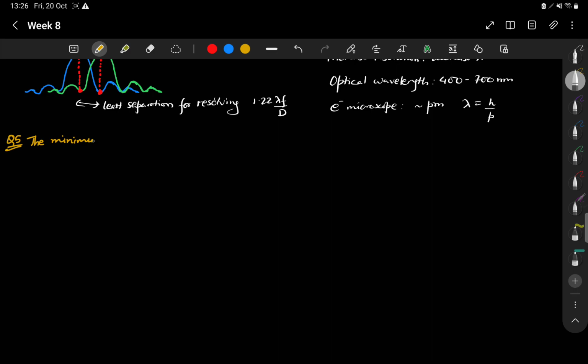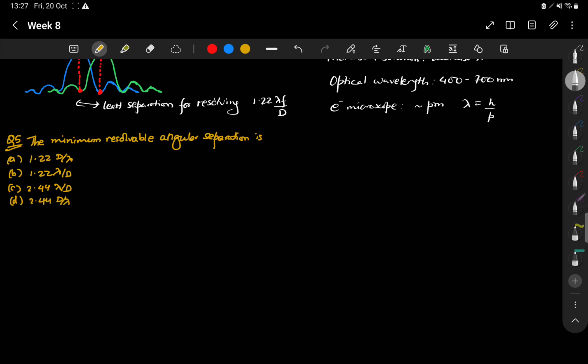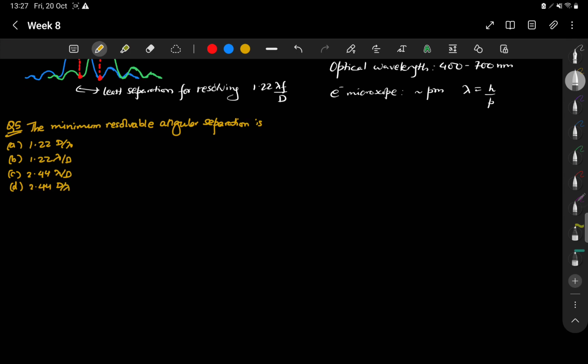The minimum resolvable angular separation is what we need to find out. I have restarted the poll. Take about a minute to answer.